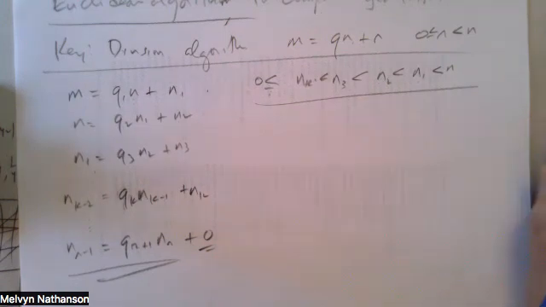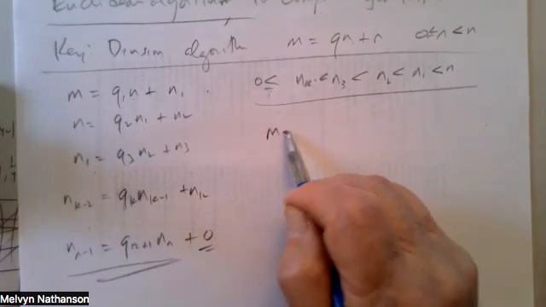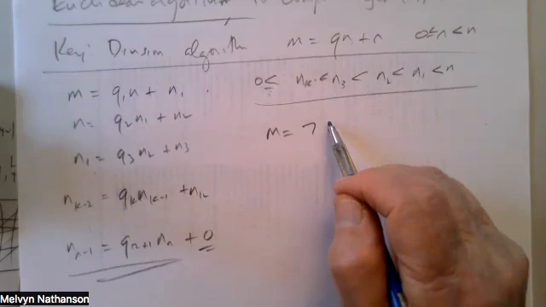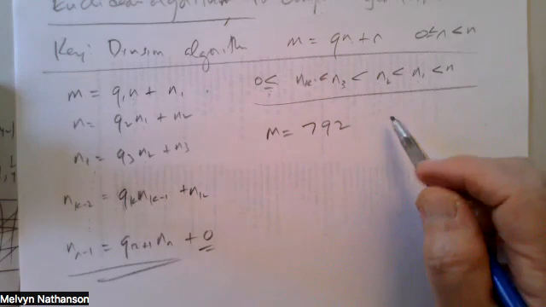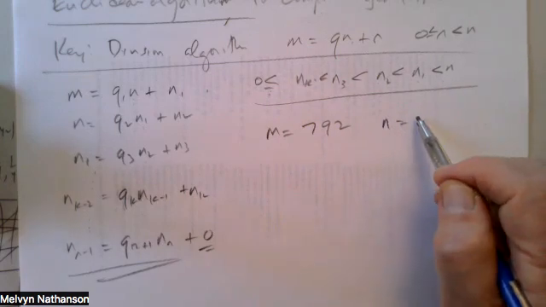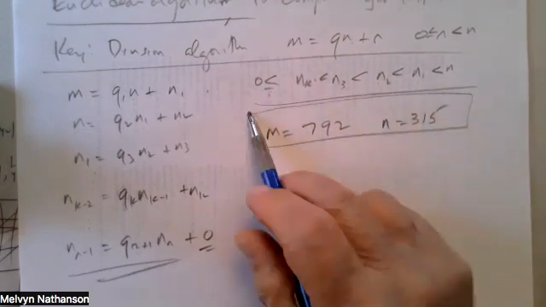Let me just do an example. So suppose I take M equal to 792. I'm just making up some numbers. We'll see what happens. And N is 315.